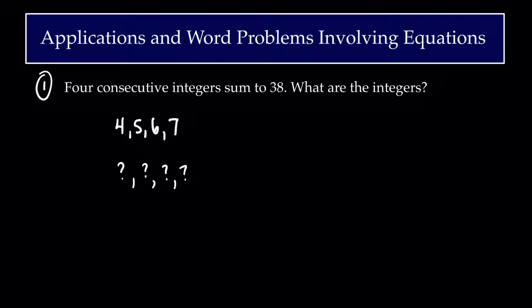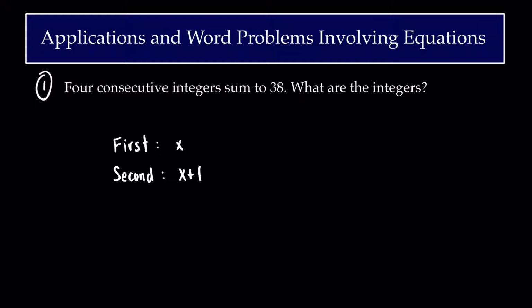So how should we take that information? How could we create an equation that would solve this? What I would recommend is I'm going to make the first integer x. I don't know what the first integer is, I'm just going to call it x. In that case, what would the second integer be? If the second integer is one more than the first integer, couldn't we just call the second one x plus 1?